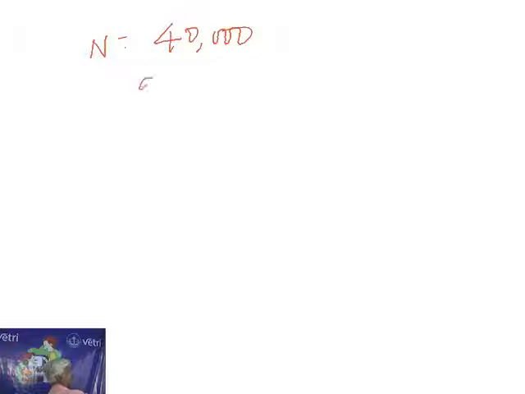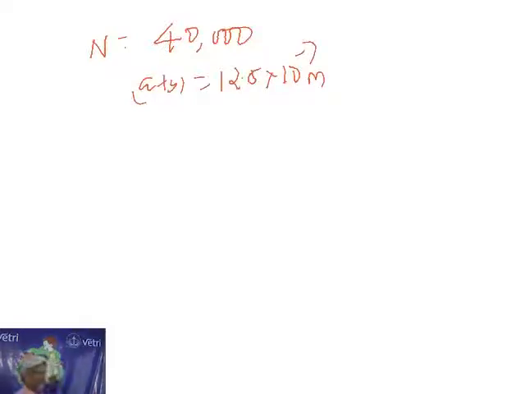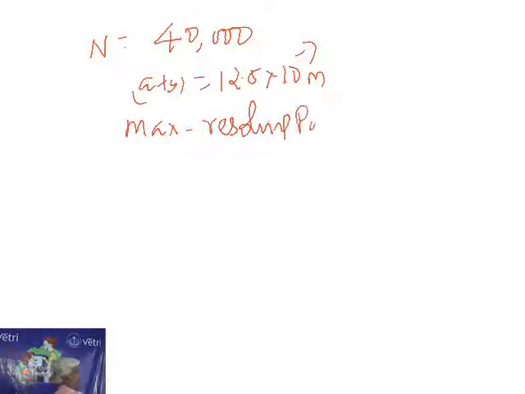Here also the grating element value is given. The grating element is 12.5 into 10 power minus 7 meters, and it has 40,000 lines. Calculate the maximum resolving power of the grating, for which the wavelength of light used is 5000 angstrom.